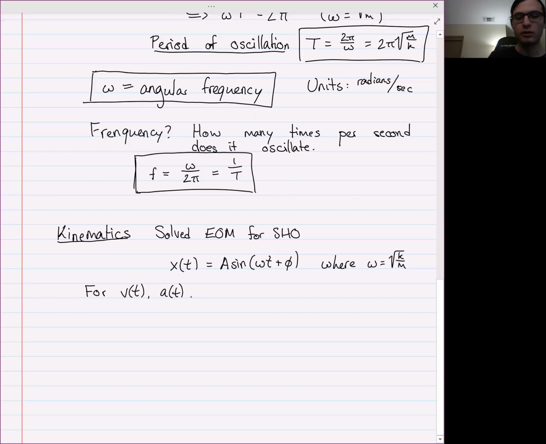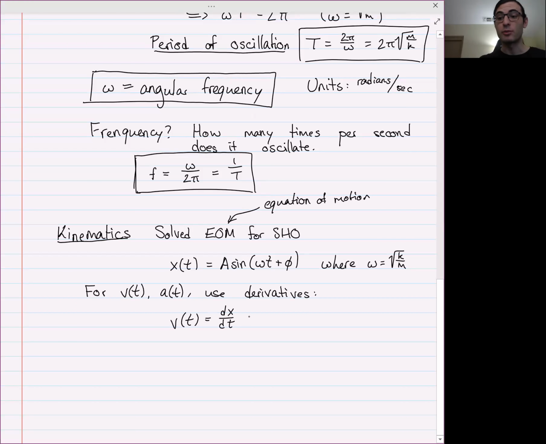Similarly with the acceleration, because this stands for equation of motion. It's still true, even though the acceleration is not constant, that the velocity is the time derivative of position.